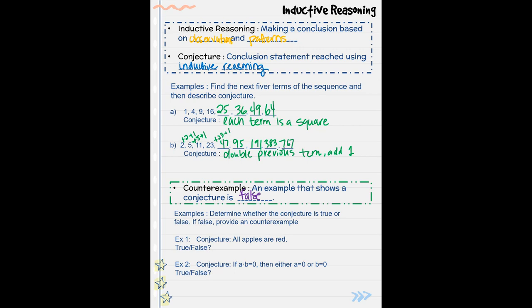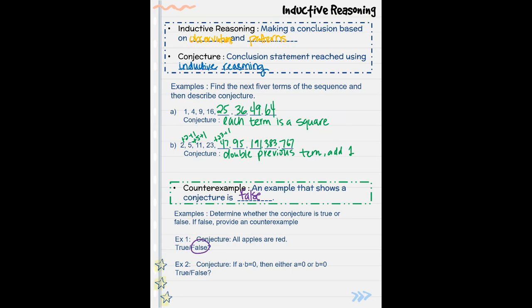So that's a counterexample. So let's look at these examples. The conjecture is all apples are red. So this statement is trying to say that it is true that all apples are red. Well, is that true? No, it is false. And what is our counterexample?